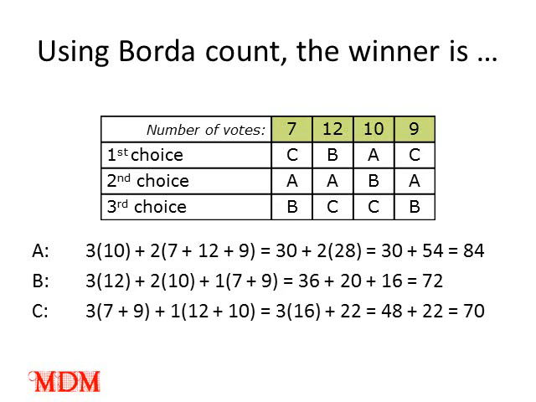The same thing is done for candidate C. So notice that C has 7 plus 9 first place votes, so those are going to be multiplied by 3.